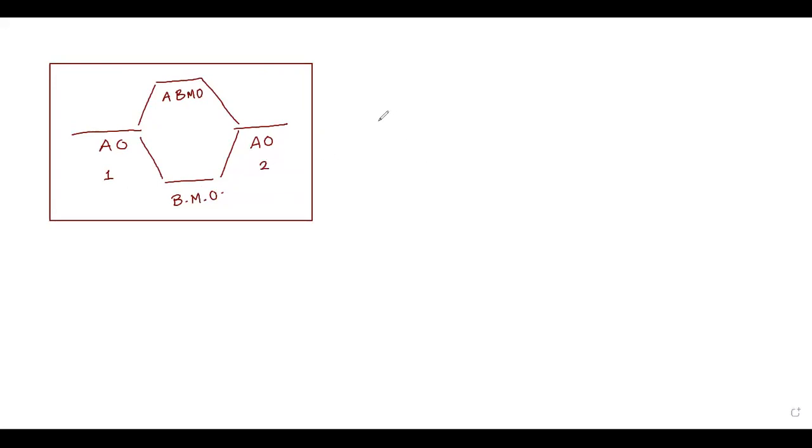Now imagine that we convert this diagram into a slightly different format so that the concept is clear. Imagine this is the way we are combining, and my atom number 1 and atom number 2 are both present here, only on one side, not the way it is written here. So this will create one bonding orbital and one anti-bonding orbital.